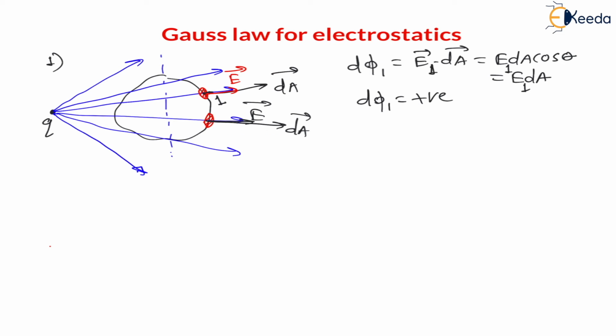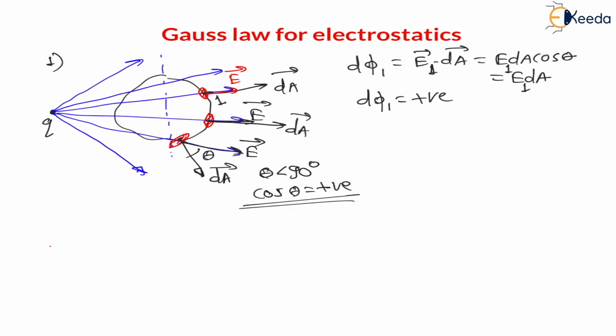If I consider an area somewhere here, again at this location, this will be the area vector dA and this is the electric field. The angle between them, theta, is definitely less than 90 degrees, means cos theta will always be positive. It is the first quadrant, so cos theta is always positive. Means d phi is always positive on the right side of the section.